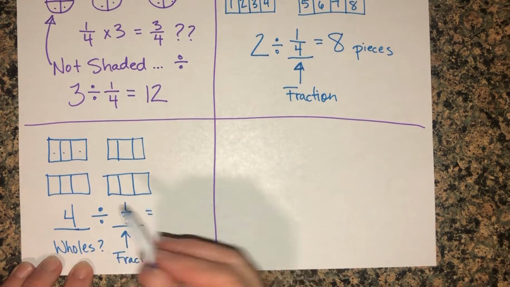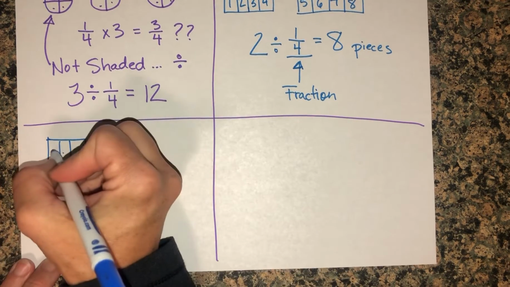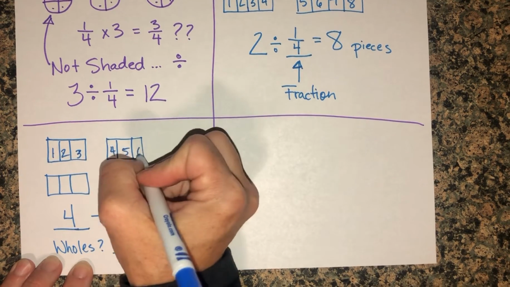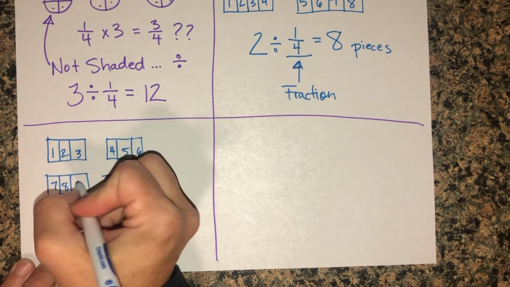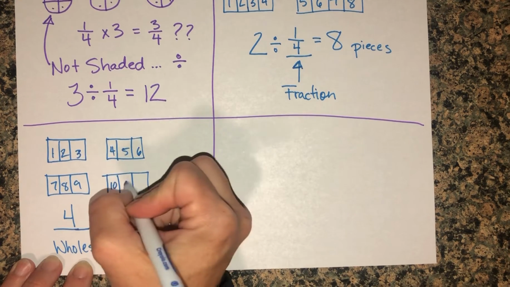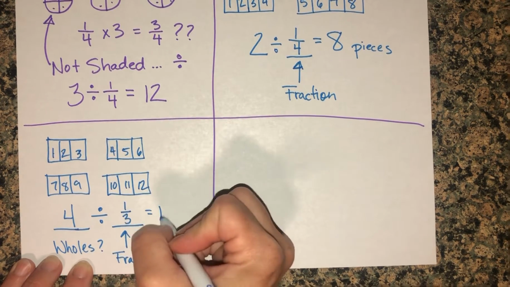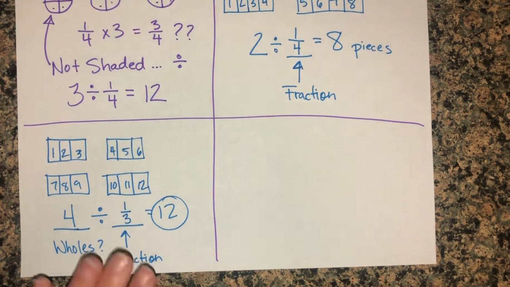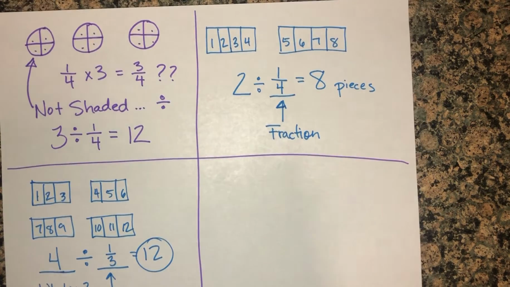And after I get done cutting all 4 up, I have 1, 2, 3, 4, 5, 6, 7, 8, 9, 10, 11, 12, and 12 is my final answer. So on these, it's going to be really easy once you get the hang of it, but just be really careful because some of these models are a little wacky.